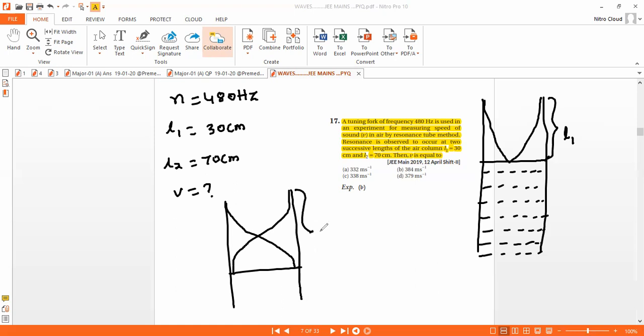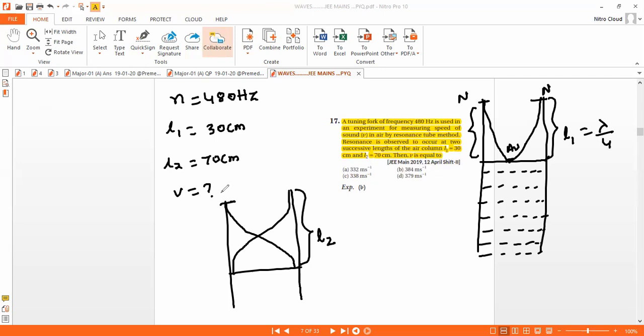This is my L2. Here this is node, because at this point the amplitude of vibration is 0. At this point amplitude of vibration is more. So distance between node and antinode I can write as lambda by 4.